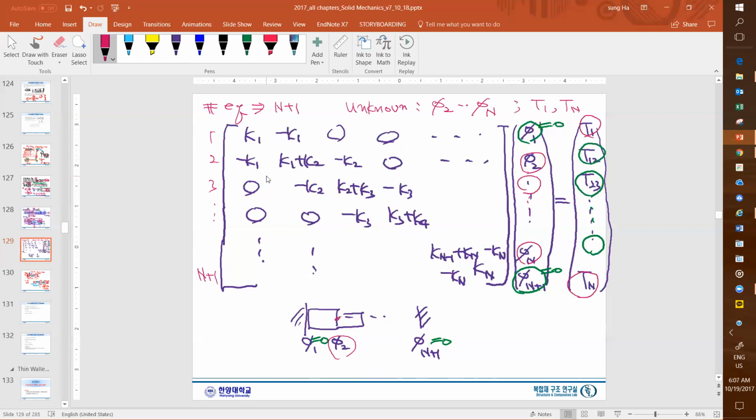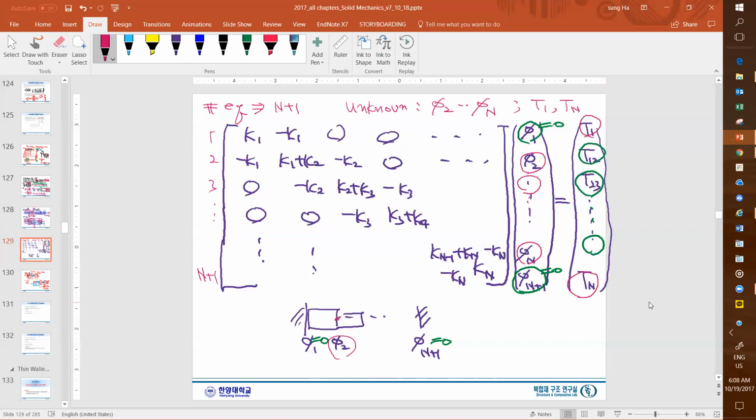Okay, let me check. Okay, so let's try to use Excel to solve this one. Again, my point is that you don't have to solve it this way, okay?